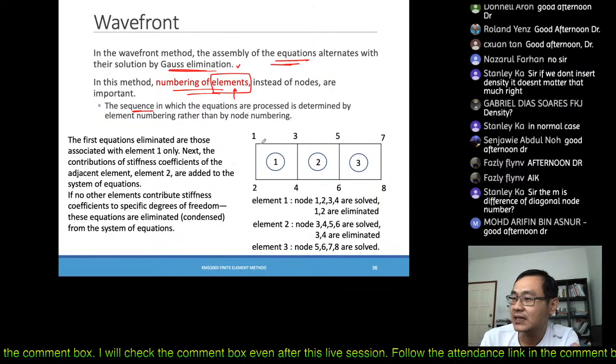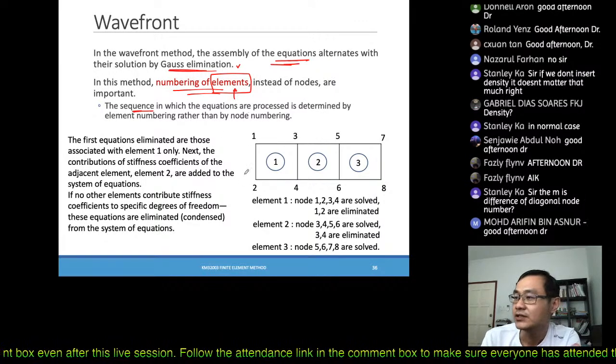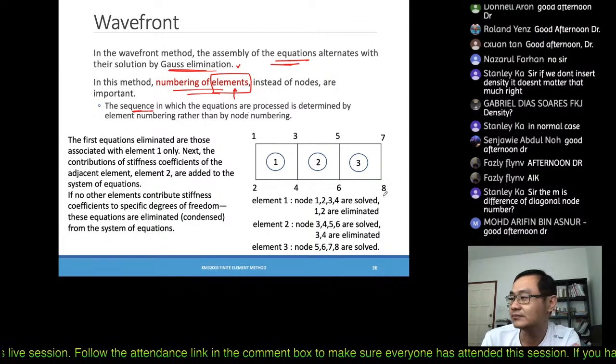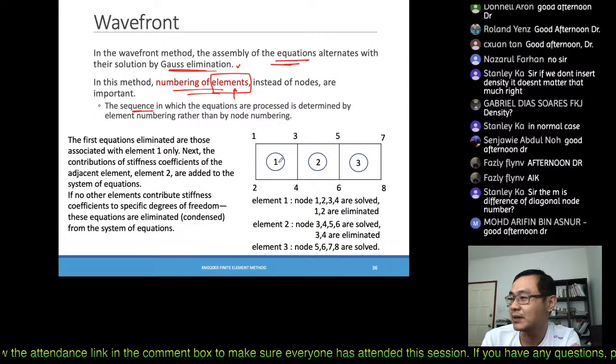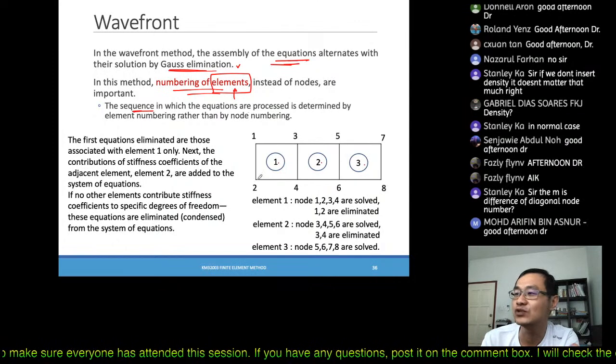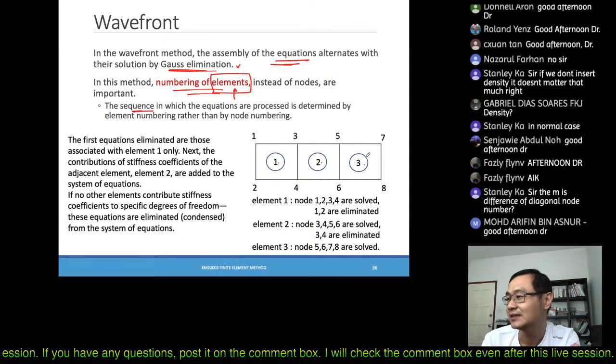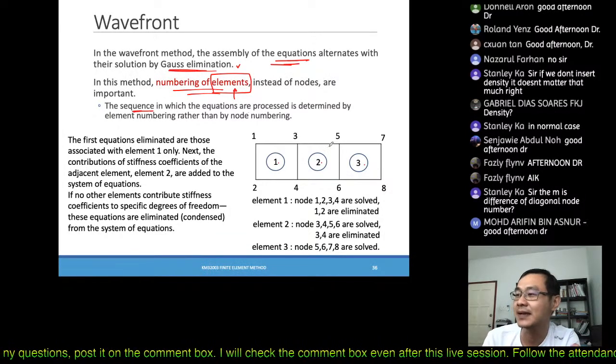So again, let's take an example here. This one is element 1, element 2, and element 3. Here we use the so-called most efficient numbering, though it doesn't matter actually.